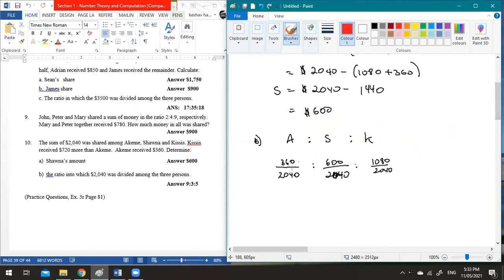Now, we're going to simplify. 6 could go into this. Yeah, 6 into this, 6 into this. We get 60 over 340. Can simplify one more time. So that's 6. 2 into this.